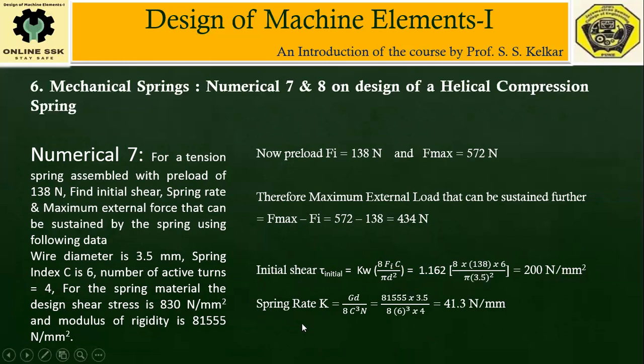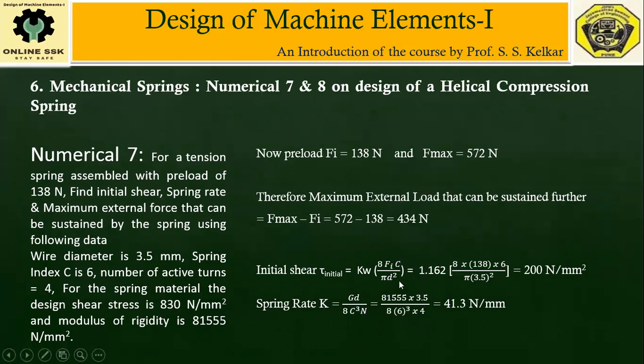Now for calculating spring rate, meaning spring stiffness, spring gradient, spring constant, whatever you call it. But just note that it is different from spring index. Spring index is C, whereas K is spring rate, spring gradient, spring constant, spring stiffness. So it is given by G d upon 8 C cube N. G is the modulus of rigidity given, d is known, C is known, and N, the number of active turns, is also known.